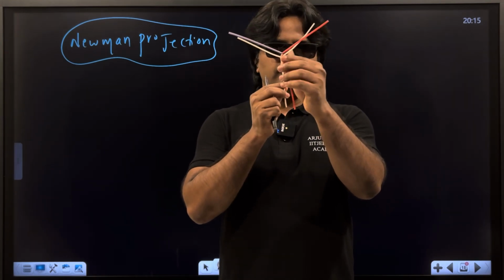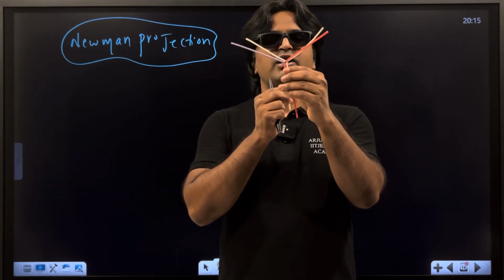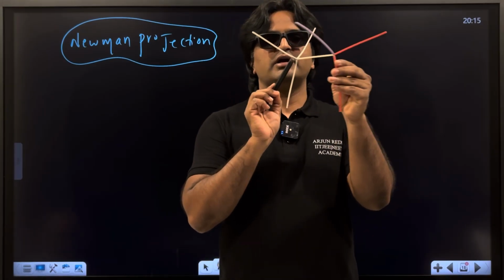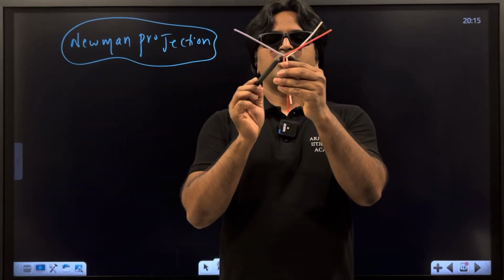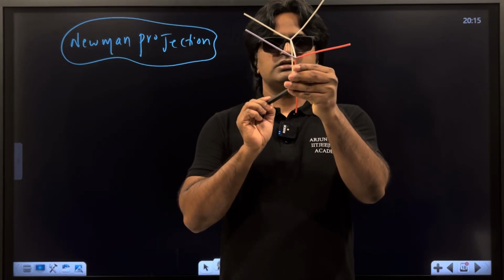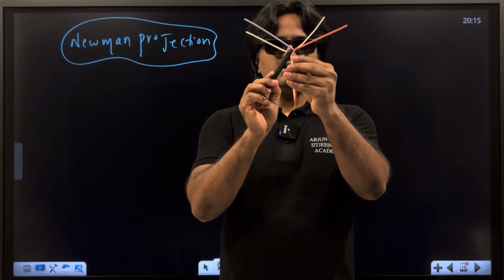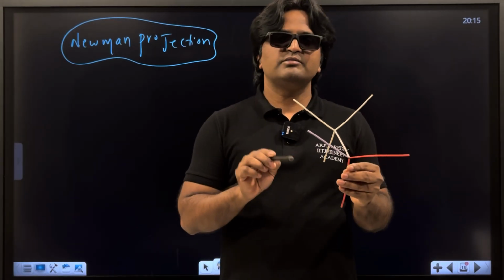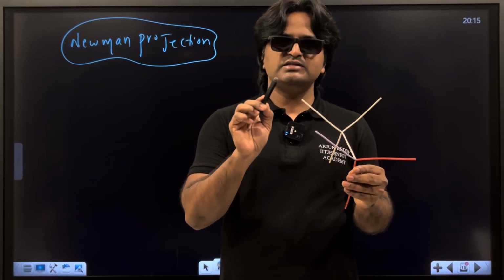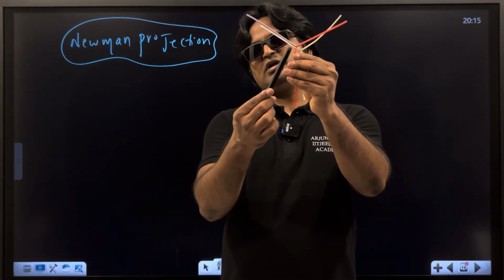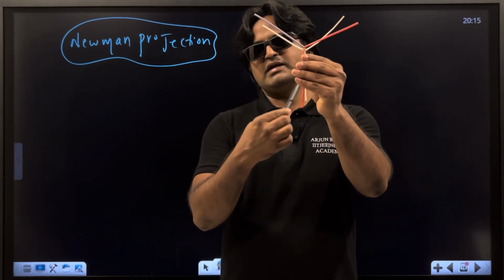If you are looking at this molecule along the C-C bond axis, this is your front carbon atom and this one is the back carbon atom. Front carbon and back carbon. What is the size of both carbon atoms? Both carbon atoms are exactly identical in size.